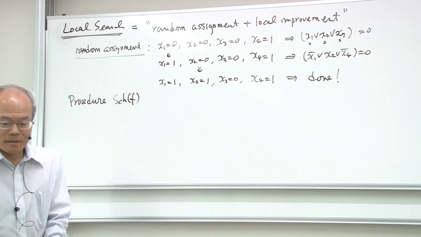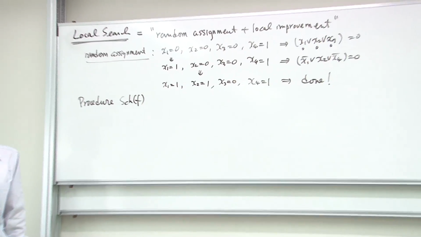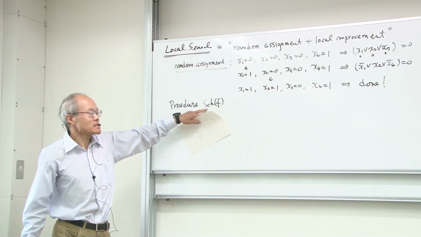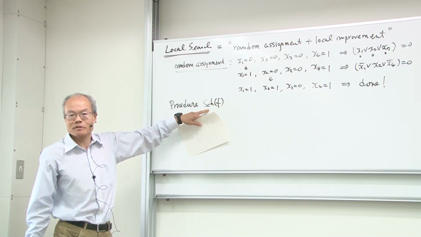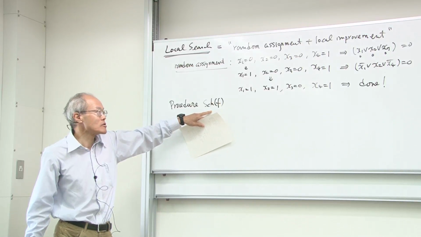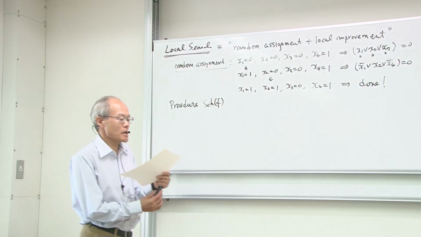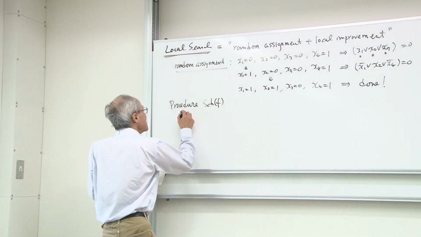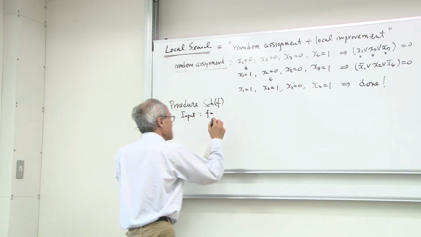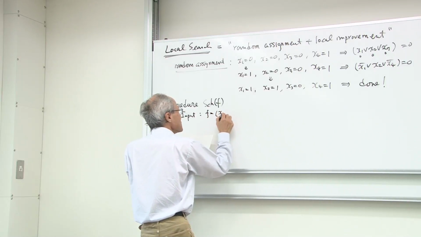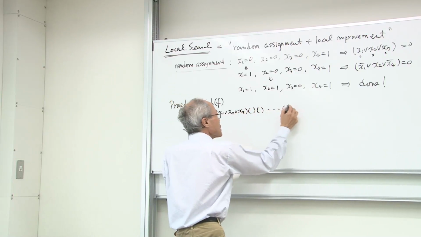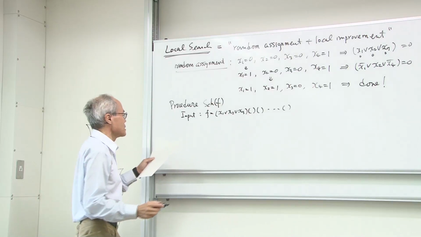Okay. So I'll show you our algorithm that is called SCH of formula F. SCH comes from the name of the researcher who invented this algorithm. It's not so important for you. So input: F is a 3CNF formula.